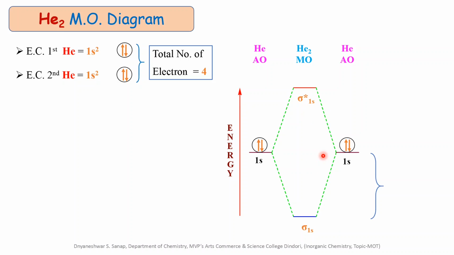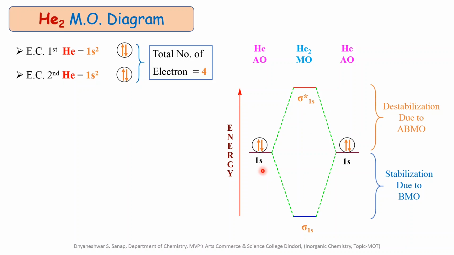The lowering of energy with respect to the atomic orbital is called stabilization energy, because during the formation of the bonding molecular orbital, energy gets evolved. Whatever energy increase occurs during the formation of the antibonding molecular orbital is called destabilization energy.